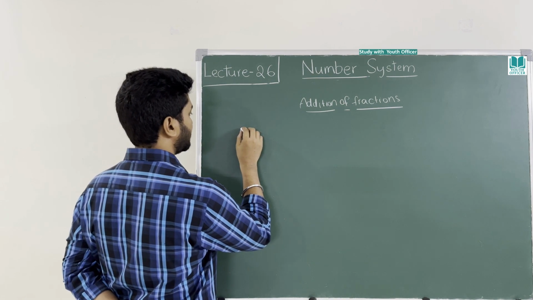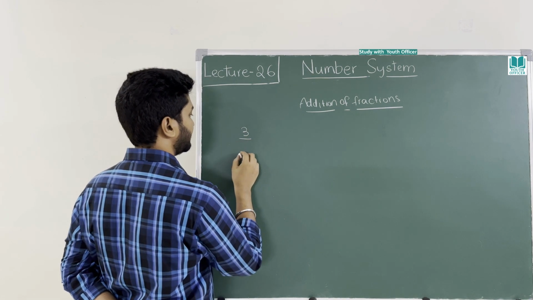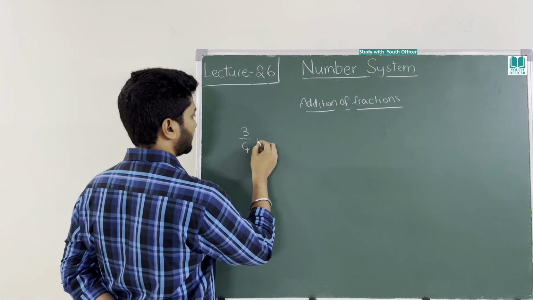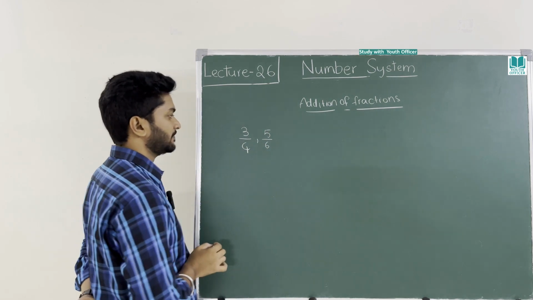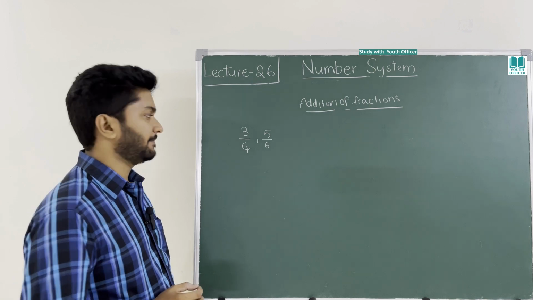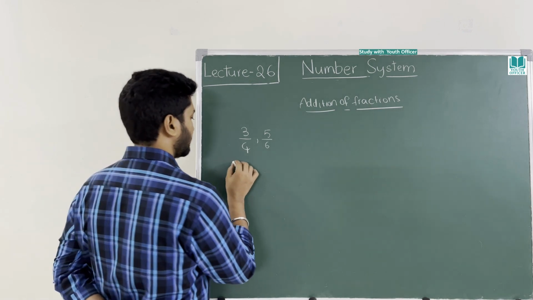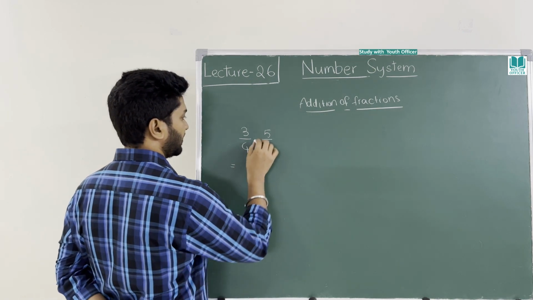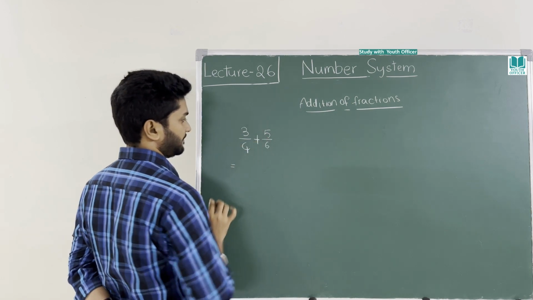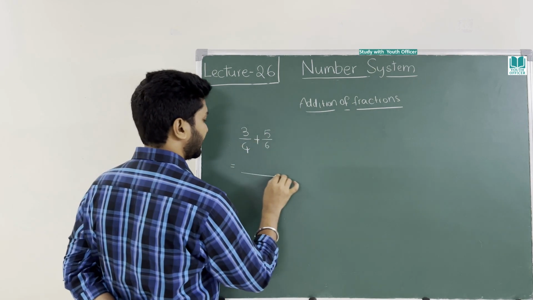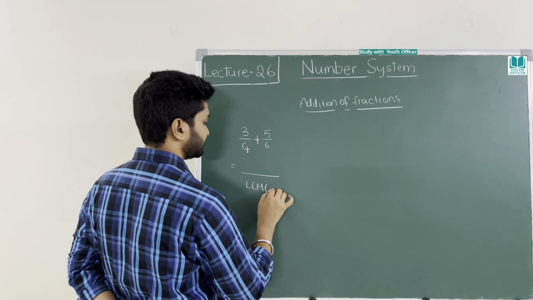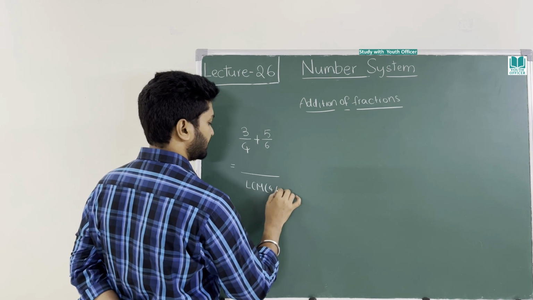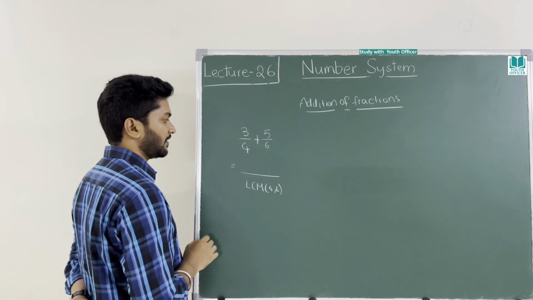If you take an example, 3 by 4, 5 by 6. How should we add them? Whenever you are planning to add them, you have to take the LCM of the denominators. 4, 6 you have to take.